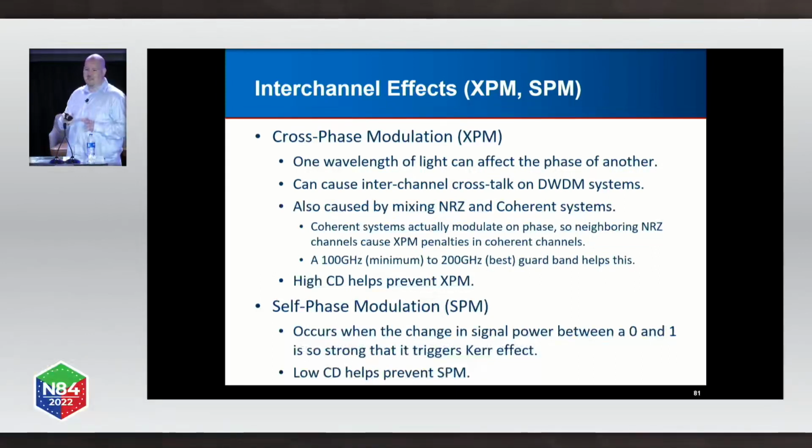But what happens when you take an old 10 gig NRZ system and you put it on the same line system as a modern coherent system is that 10 gig signal can cross phase modulate your coherent signal, which does care about phase, and so that's why they tell you don't mix old and new, or if you do, keep them separated with a guard band, specifically for this reason. And once again, high chromatic dispersion actually helps this issue.